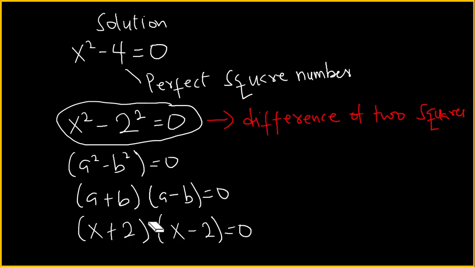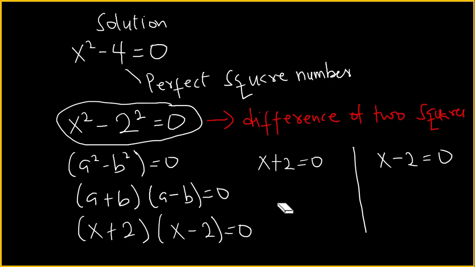So our line here: x plus 2 equals 0 and x minus 2 equals 0. So we are finding the zeros. So x is equal to negative 2 on this side, and x is equal to positive 2 on this side. So in conclusion, x is equal to the smaller number first, negative 2 or 2.